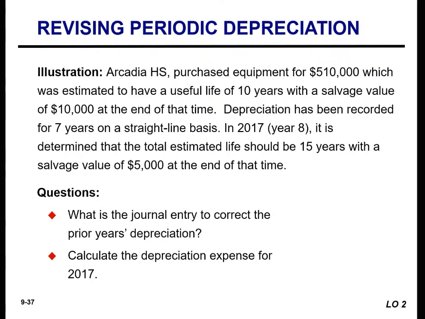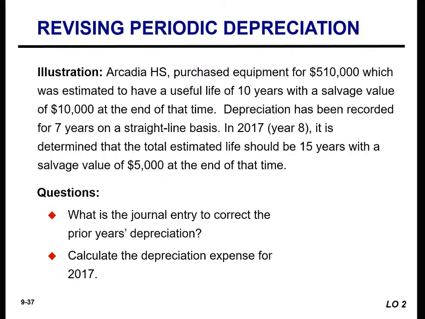So Arcadia High School purchased equipment for $510,000, which was estimated to have a useful life of 10 years and a salvage value of $10,000. Remember, those are estimates. Depreciation has been recorded for 7 years on a straight line basis.